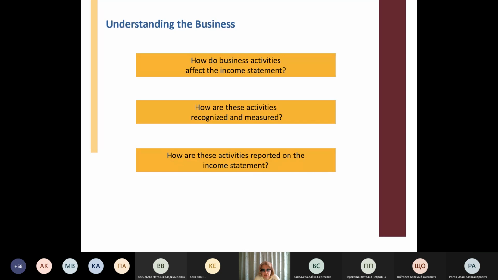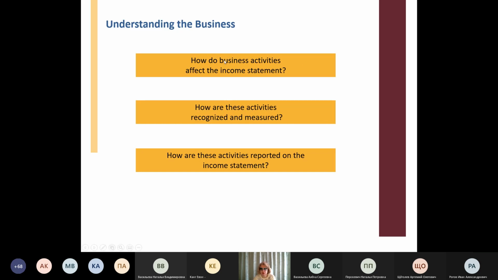And the main general managerial questions in concern with today's topic are the following. How do business activities affect the income statement? How are these activities recognized and measured? And the third one, how are these activities reported on the income statement?